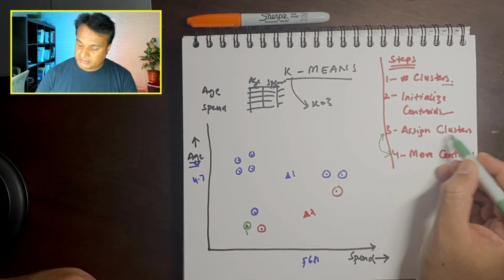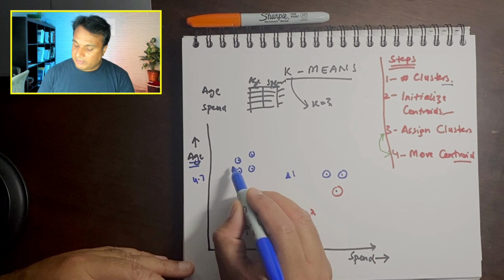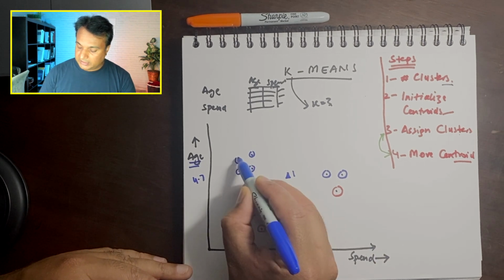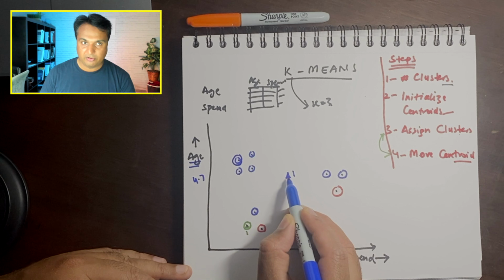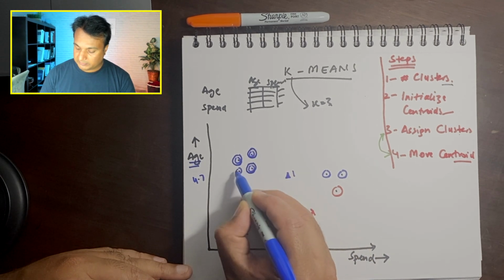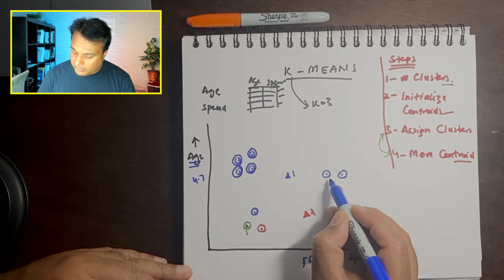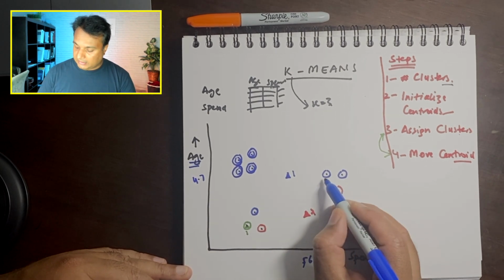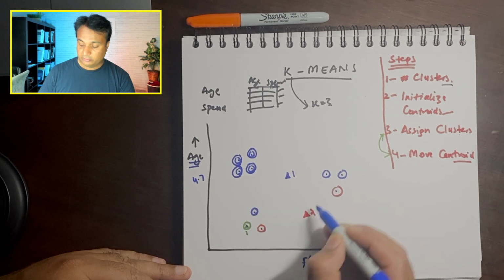Moving back to the assign cluster step, now we have to again assign clusters. When we assign these clusters, they'll again be blue because their nearest point is this centroid of blue. How about this one? Since it now has another candidate, it could be blue, which is here, or it could be red, which is here.